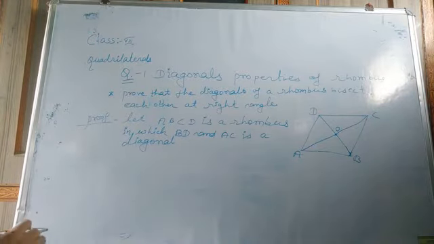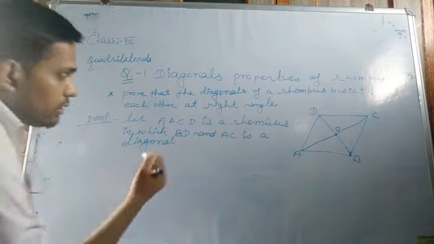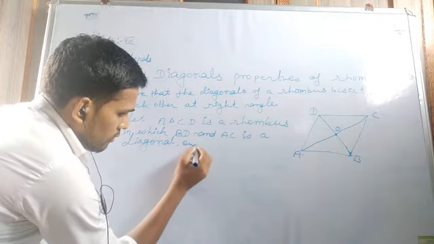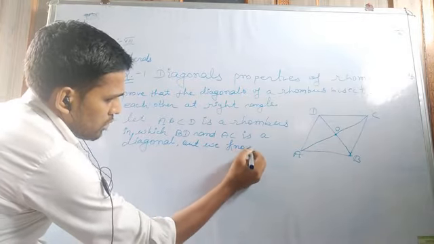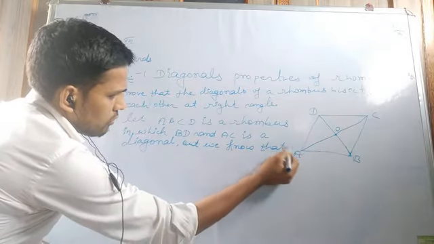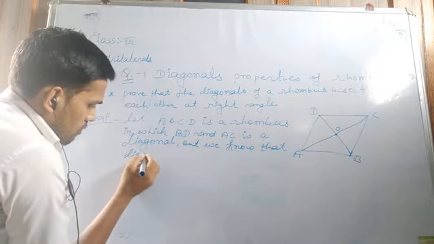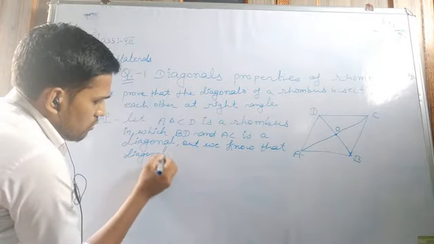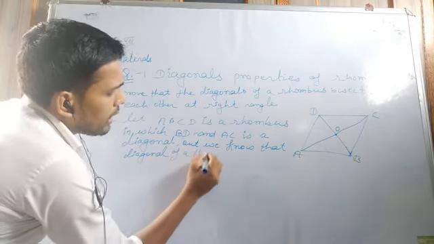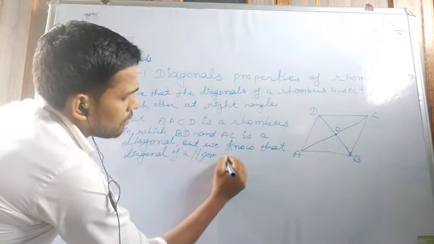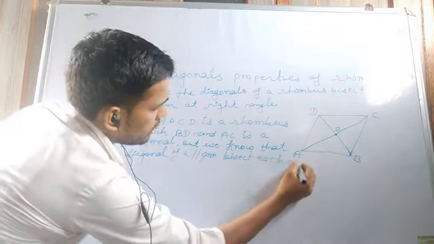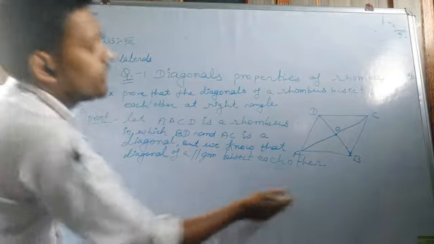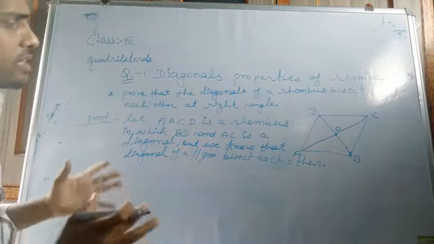But we know that the diagonals of a parallelogram bisect each other. In quadrilaterals, the diagonals of a parallelogram bisect each other.